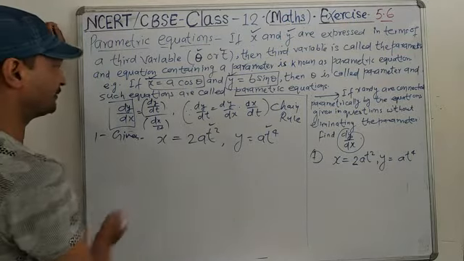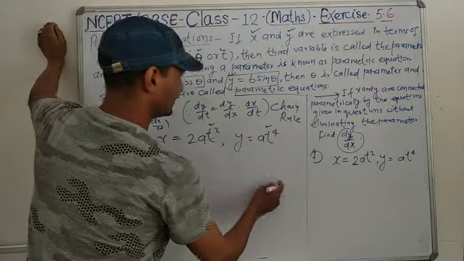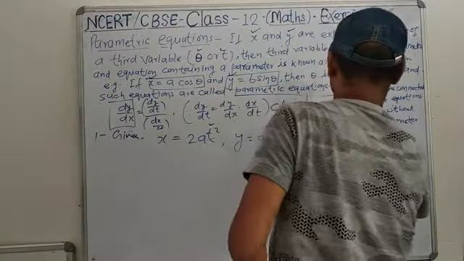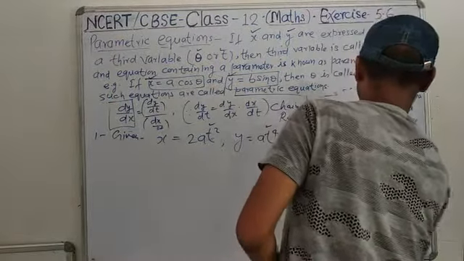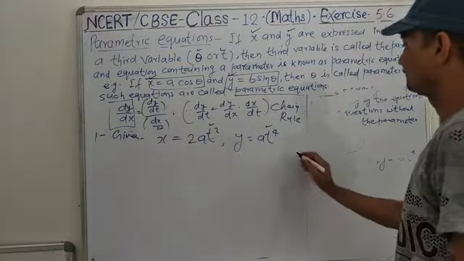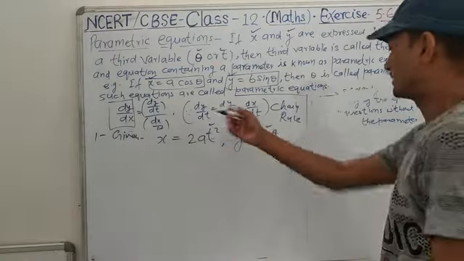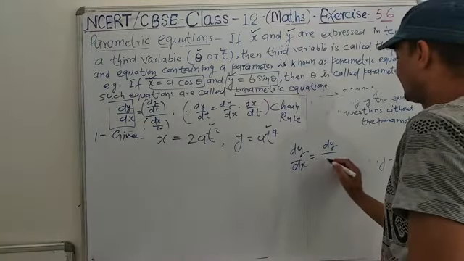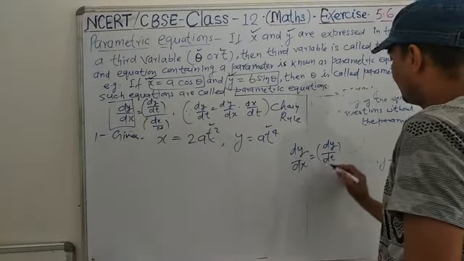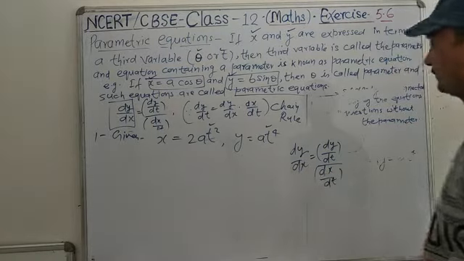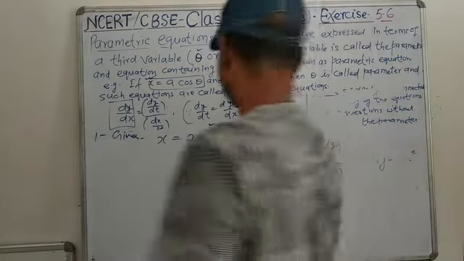So how to find dy by dx? Our formula is dy by dx is equal to dy by dt by dx by dt. It is the formula to find out dy by dx.